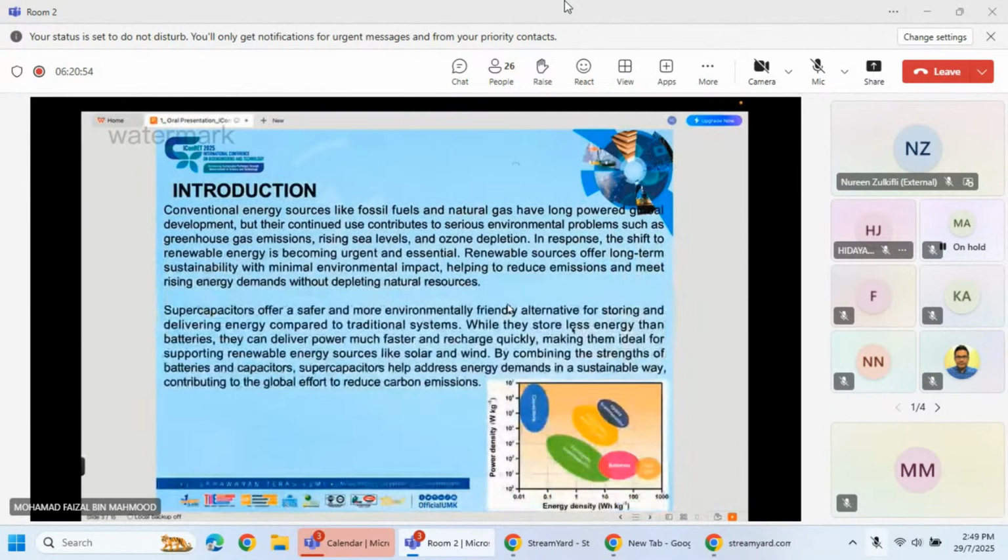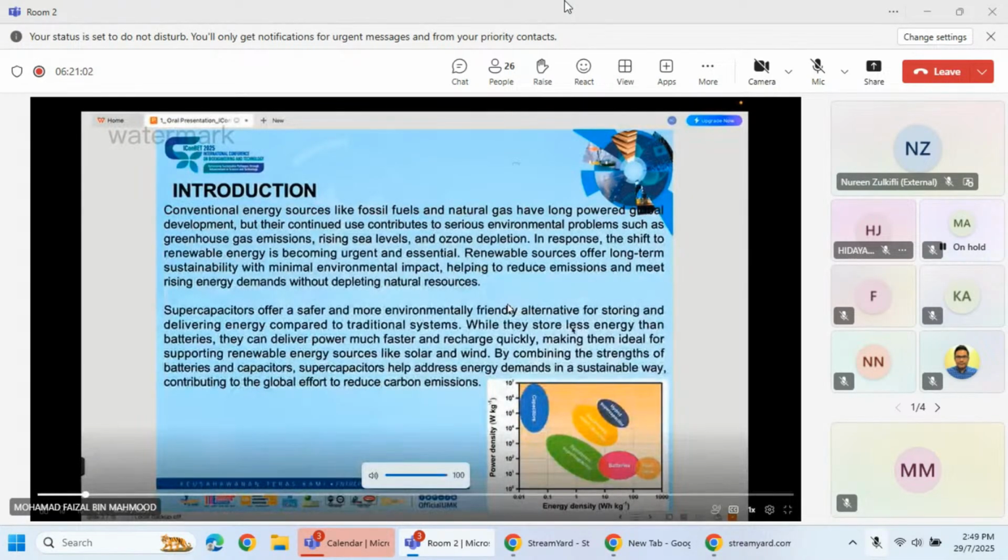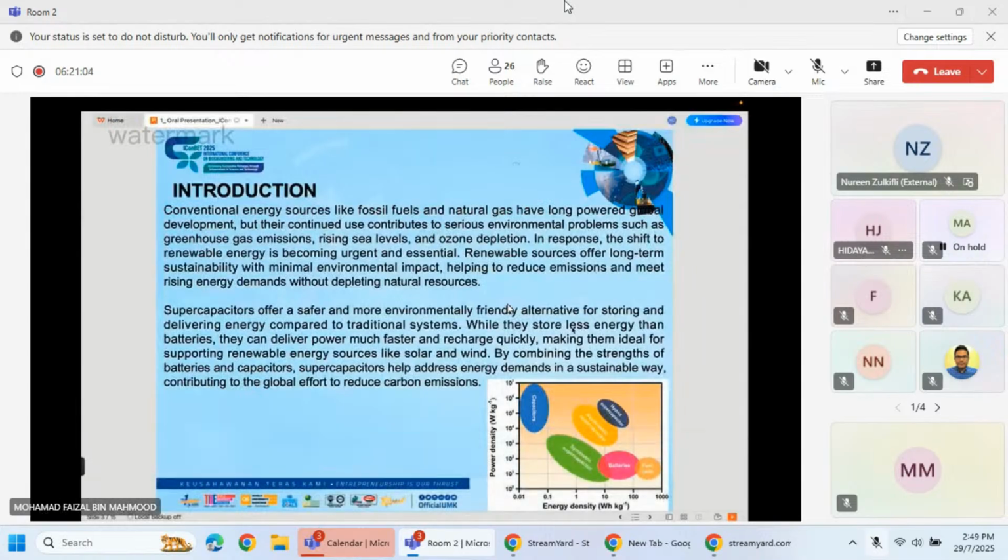The conventional energy sources such as fossil fuel and natural gas have contributed to serious environmental problems such as greenhouse gas emission, ozone depletion, and so on. So, the shift to renewable energy is becoming urgent and essential. Supercapacitor offers a safer and more environmentally friendly alternative for energy storing and energy delivering compared to the traditional system.